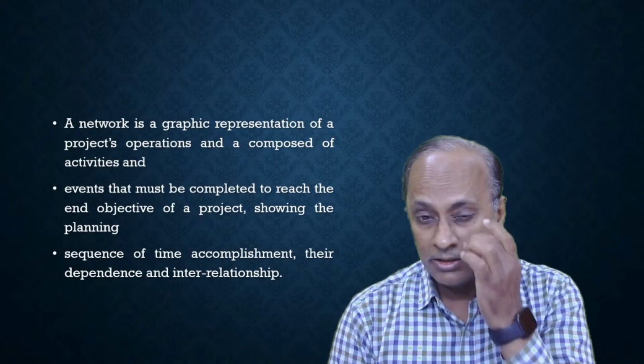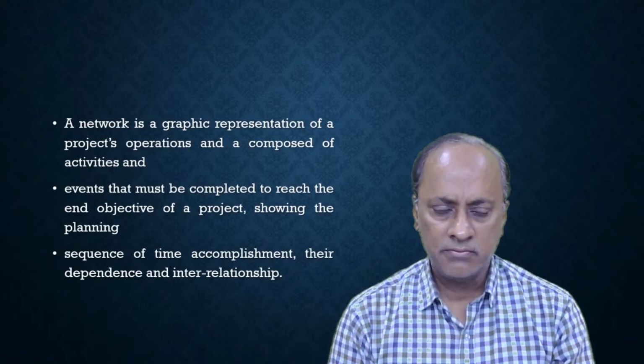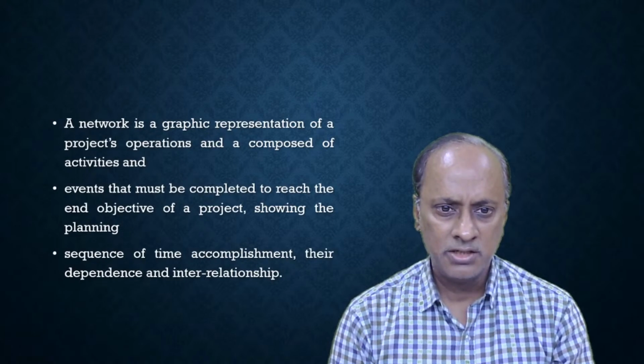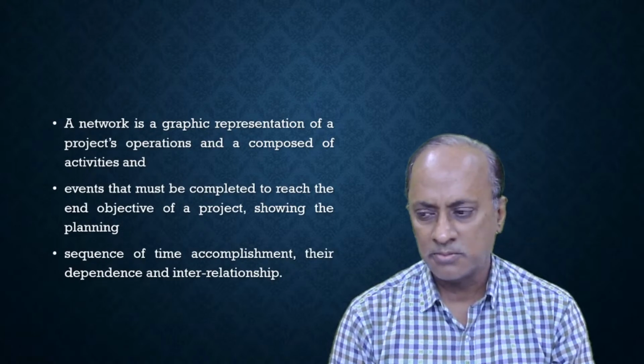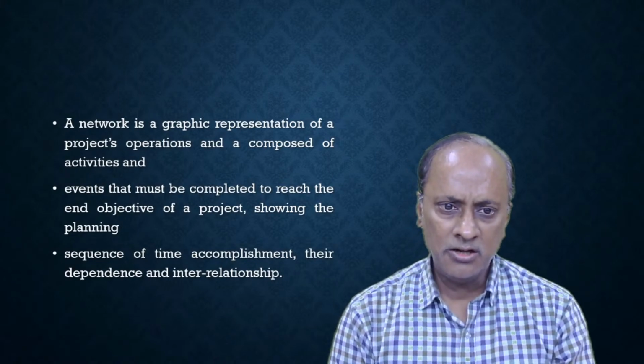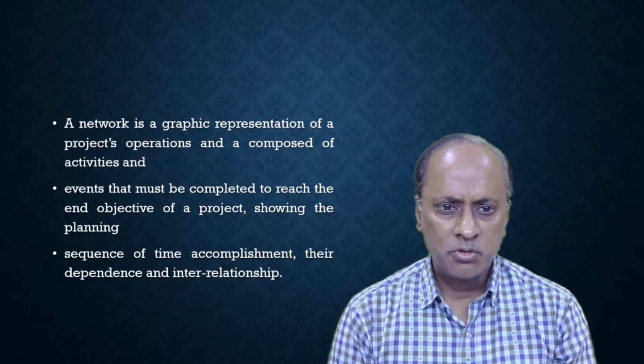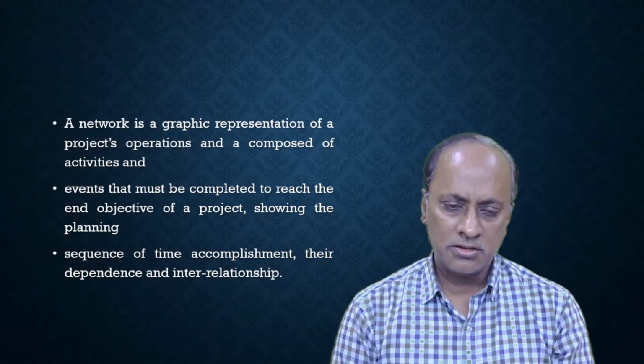So basically, when you talk about a network diagram, it is a graphic representation of project operation. So when a large project is there, a lot of activities are there, a lot of events are there, and the project network is drawn first.